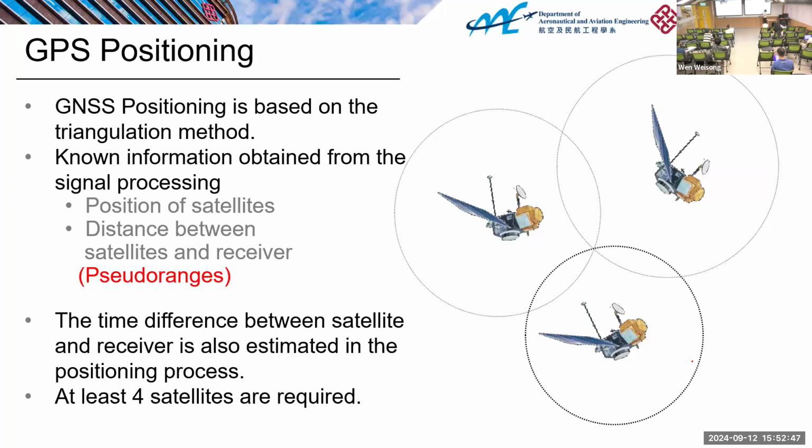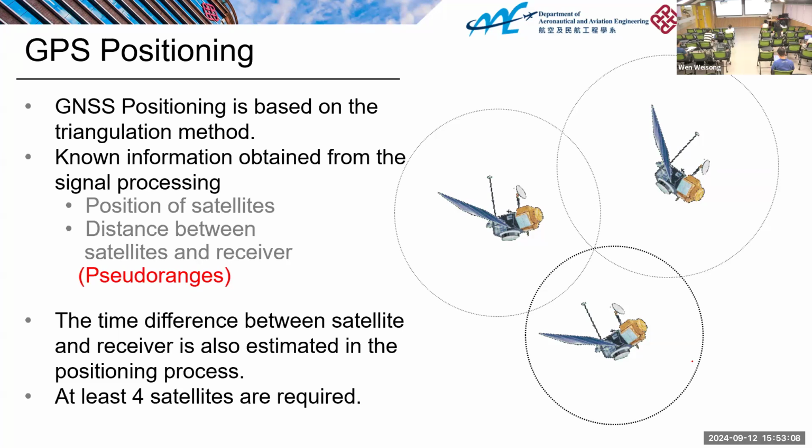This is the distance, which we call the range; we will introduce it later. It is the distance from the receiver to the satellite. By drawing three different circles, we get a unique intersection point, which is the position of the receiver.